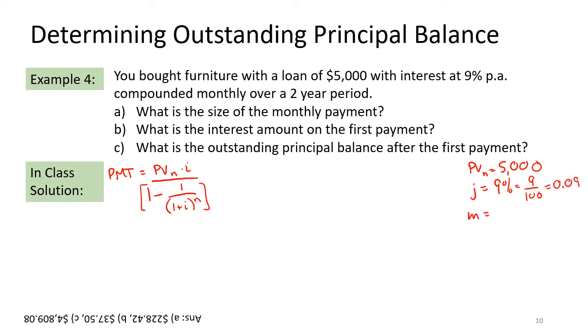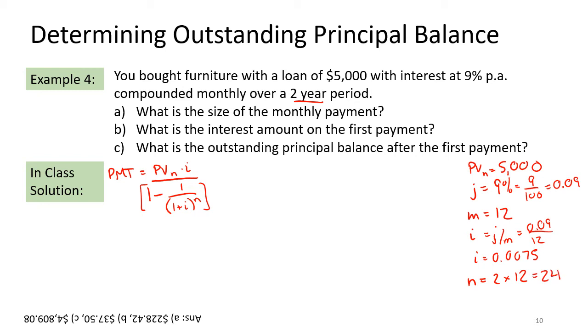M, in this case, is 12, because it's compounded monthly. So our periodic interest rate, I, is J divided by M, which is 0.09 divided by 12, where I is equal to 0.0075. Okay, our last term, N, this is a 2-year loan, so 2 multiplied by 12 payments a year is equal to 24.